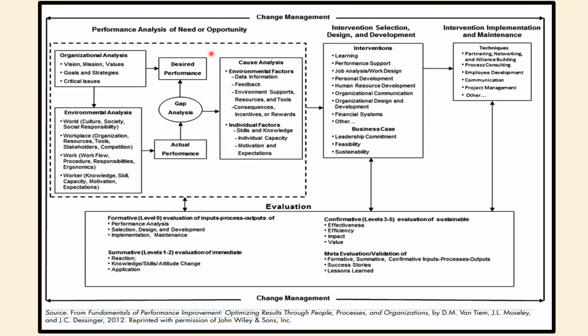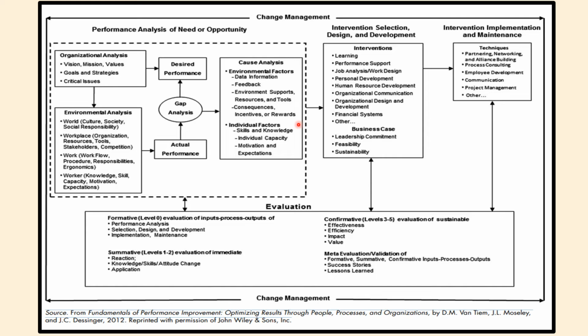Then as part of the model, we want to look at the desired performance, what the gap is, and the actual performance. As mentioned earlier, we have that cause analysis. Is it due to environmental factors that the performance is not where it should be? Or could it be individual factors?